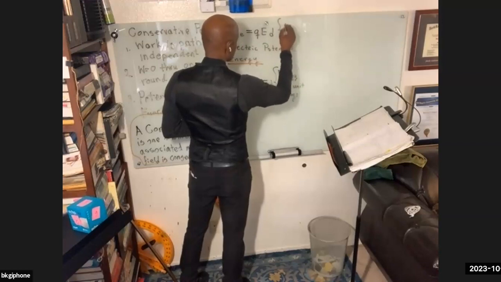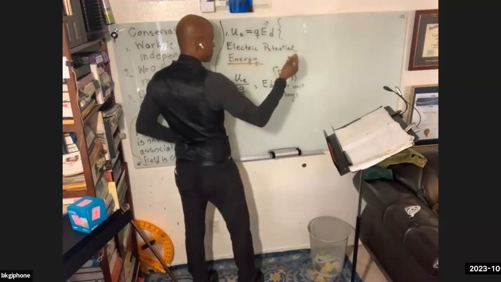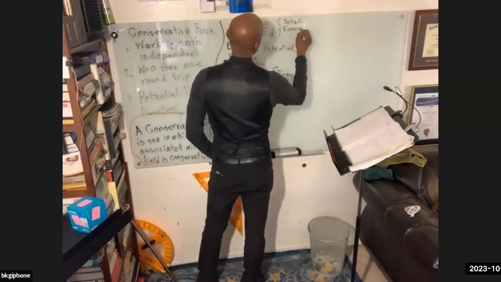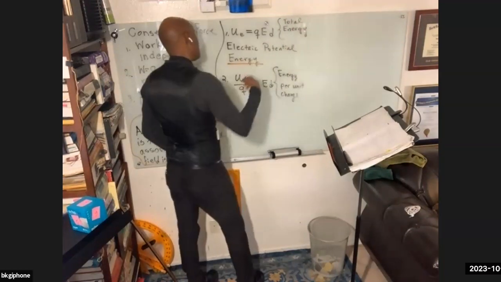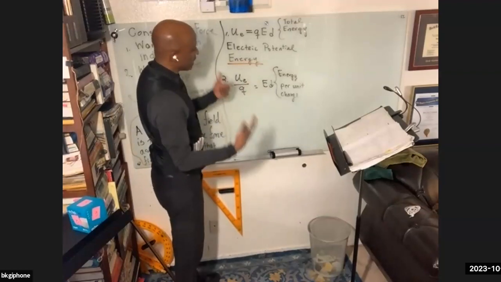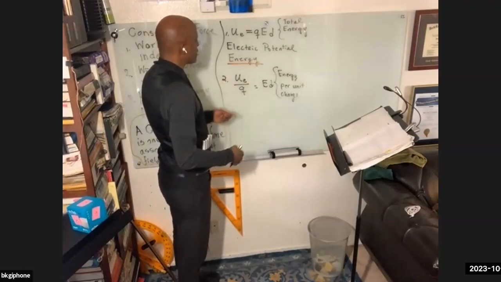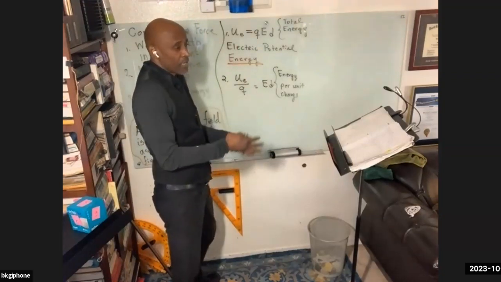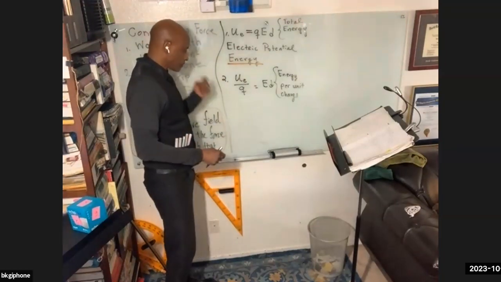So this represents the total energy, in this case, energy of position, of the system. Technically the system is the charge within the capacitor plate, but specifically just the charge itself. But as I said, we could have a different system, a collection of charges, whatever.